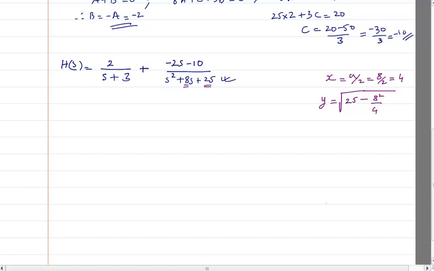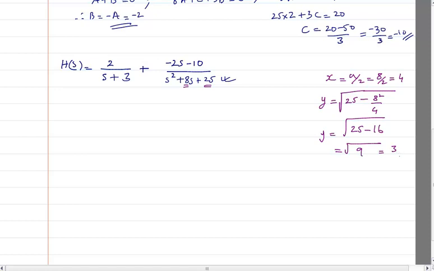So I will get y is equal to under root of 25 minus 16, which is going to give me root of 9. So y is going to be equal to 3.